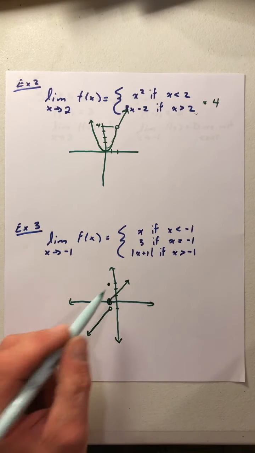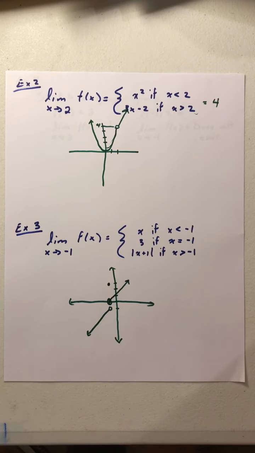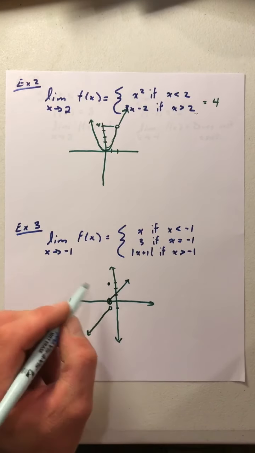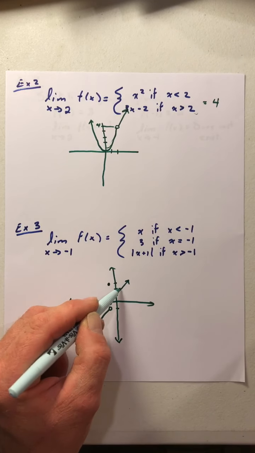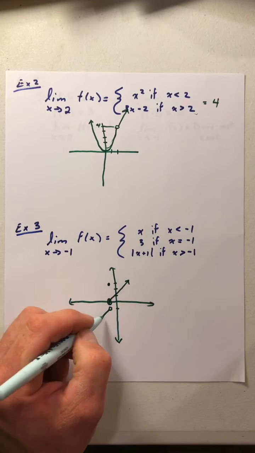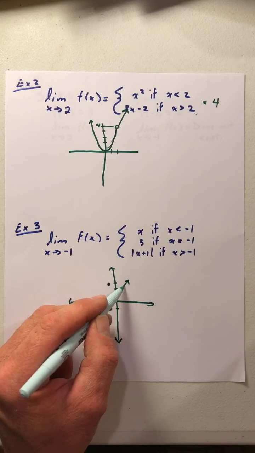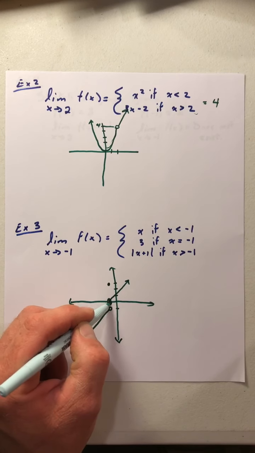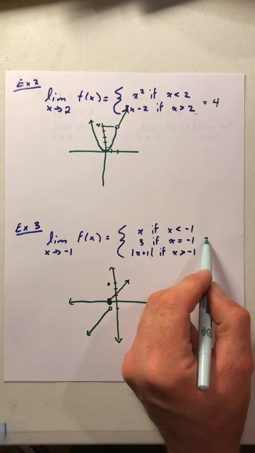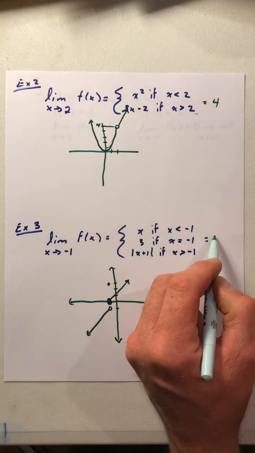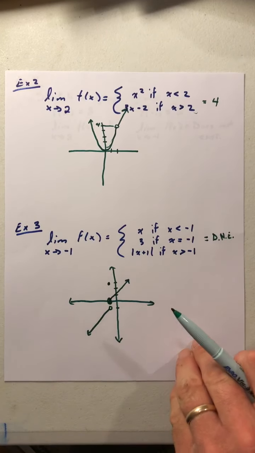That's an open circle, since we can't equal negative 1 in this case, so it gives us 0. Now, the value is 3, but do the two branches come together at the same point? From the left side, it's coming to negative 1. On the right side, that branch is coming to 0 as we get closer and closer to x equals negative 1. Since those two branches don't come together, we say this limit does not exist.